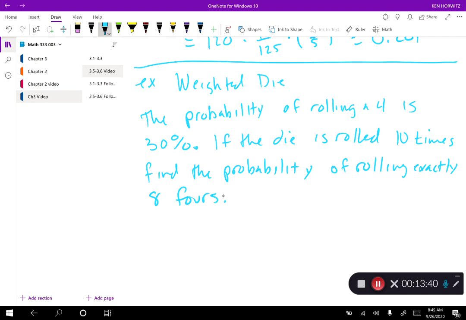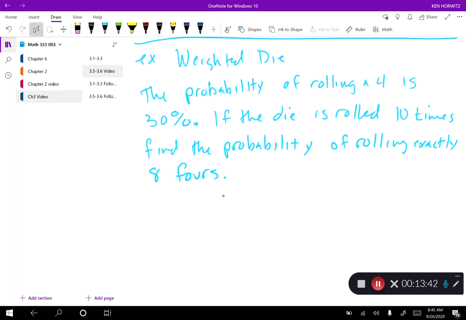All right, so we need to start picking some things out of the problem. So the die is rolled 10 times, therefore my n is going to equal 10. My probability of rolling a 4, which is the successful roll, is 0.3.